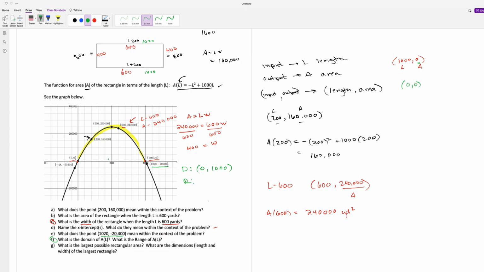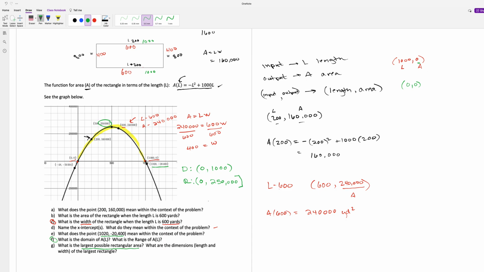And the range, again, we only want positive numbers for the range. So we would go from 0 to the largest output or area, which is 250,000. So I'm not going to include 0, but I will include 250,000. So the last question, and this is typically what's asked in these questions: what is the largest possible rectangular area?